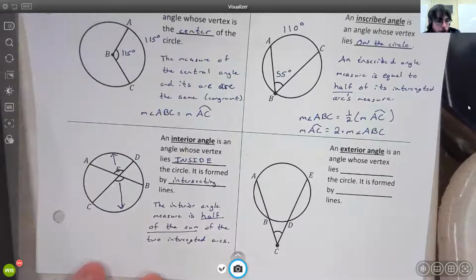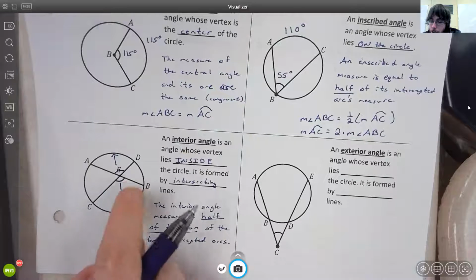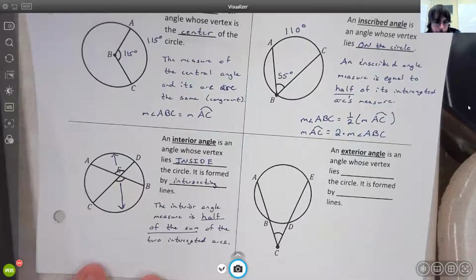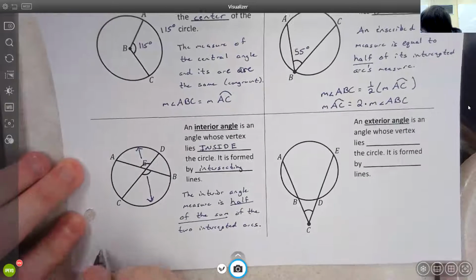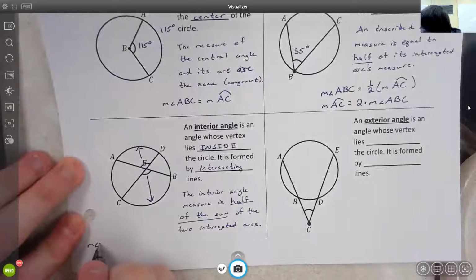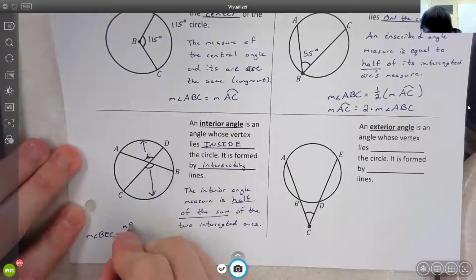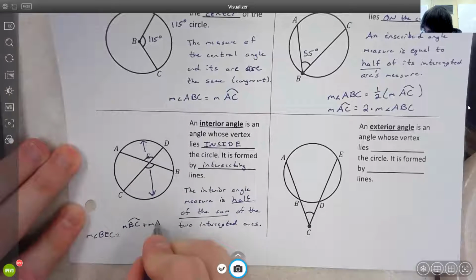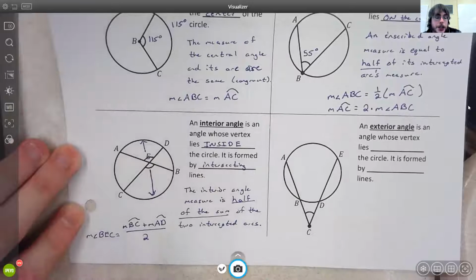We have to average those two arcs out to get our angles in there, because those have to be exactly the same. So if we write that symbolically, we can say that the measure of angle BEC, now one of our arcs is BC, so the measure of BC plus the measure of AD, all over 2. So that's half of the sum.